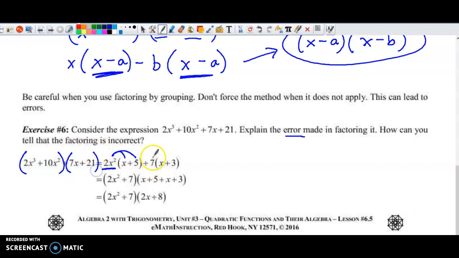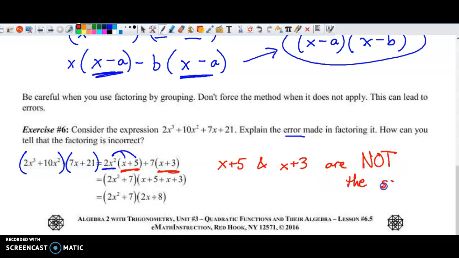If we look at the next one, there is a 7 that's in common. But here is our issue, the x, let me do this in red. This x plus 5 and x plus 3 are not the same. So at this point, we don't have a greatest common factor.